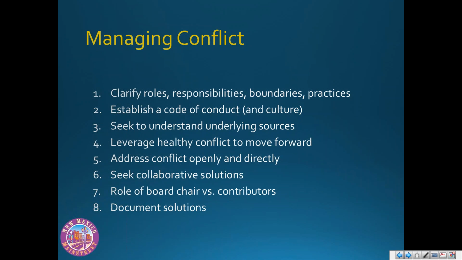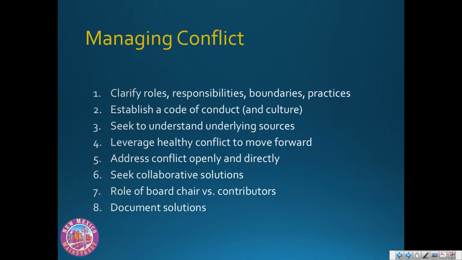It's important for the board chair to address conflict when no one else is ready to. If the board chair is contributing to the conflict, maybe he can ask the vice chair to facilitate the conversation, but ideally your board chair is an exemplar of facilitative leadership and helps move past the conflict.